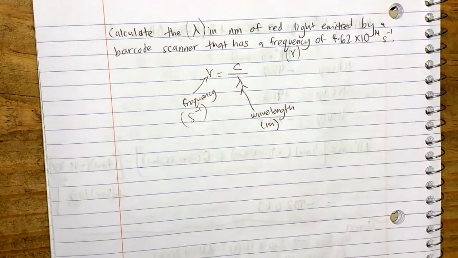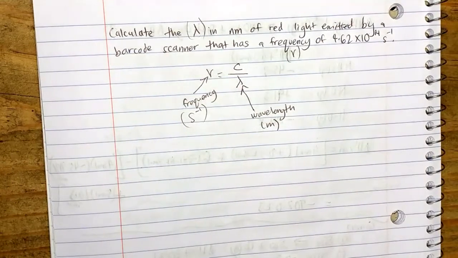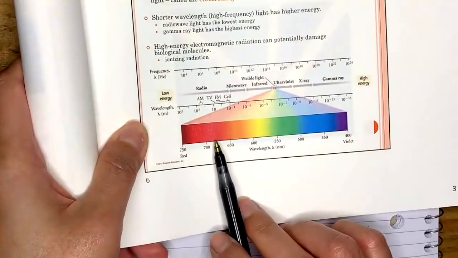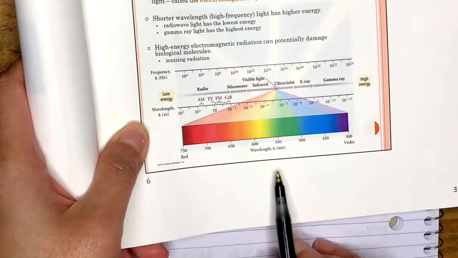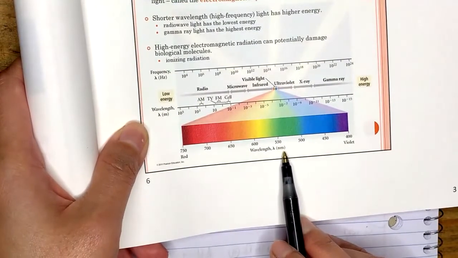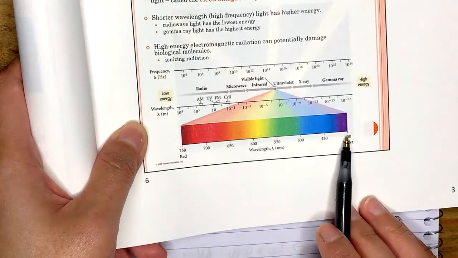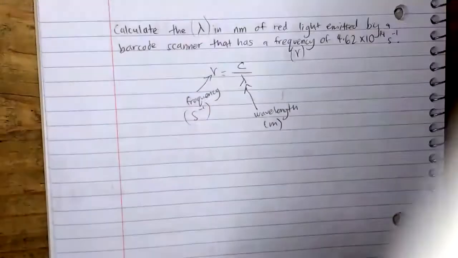We reported the wavelength of red light is around 700-ish, but look at the unit here, nanometers. The reason we use nanometers is because visible light falls in the range of nanometers. And what's nano? Nano is 10 to the minus 9, a really, really small measurement.